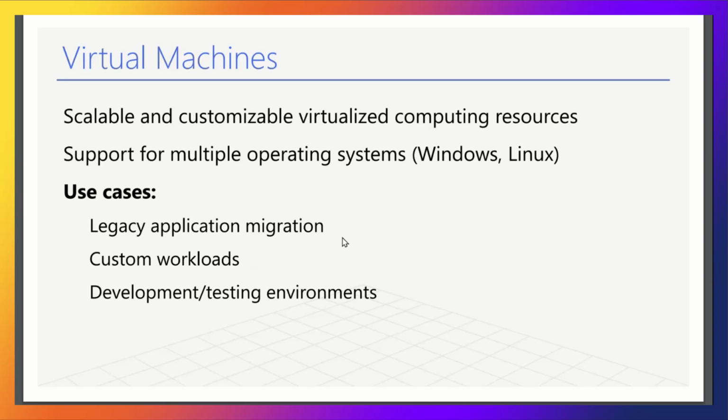So the first cloud compute service we're going to look at is virtual machines. They're scalable and customizable. They support many operating systems, different Windows versions and Linux versions. Some use cases are like you're migrating an on-prem application, which is on a server, to a VM in the cloud.